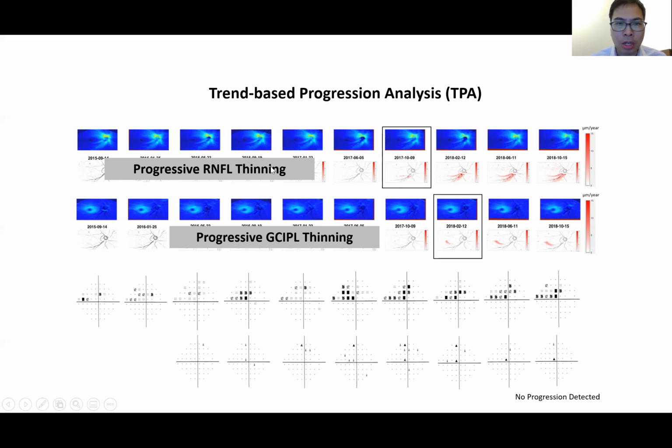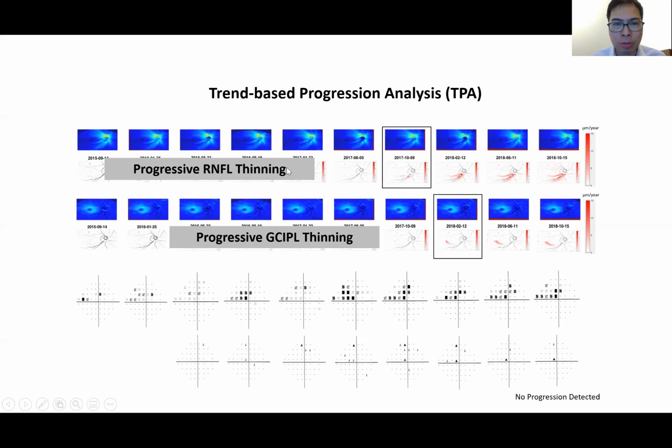The upper panel here shows the progressive change of the RNFL thickness. Here, the change map in the second row in the upper panel. The higher the red intensity indicates the faster the rate of change of this layer.